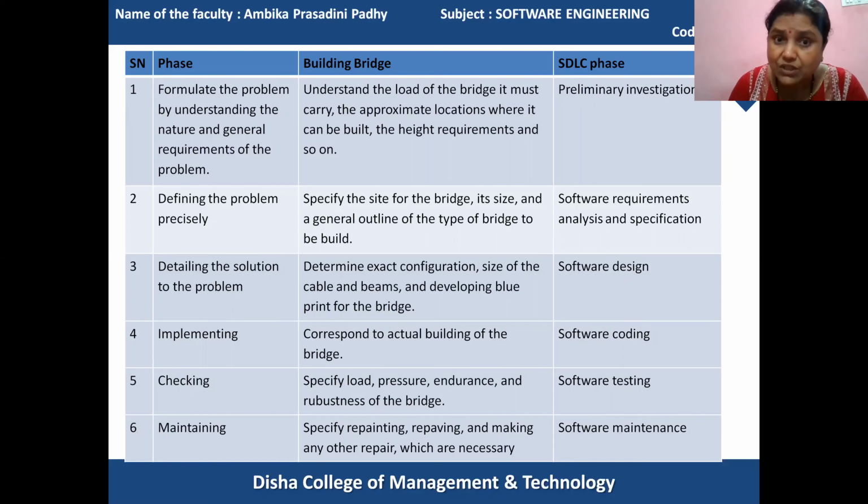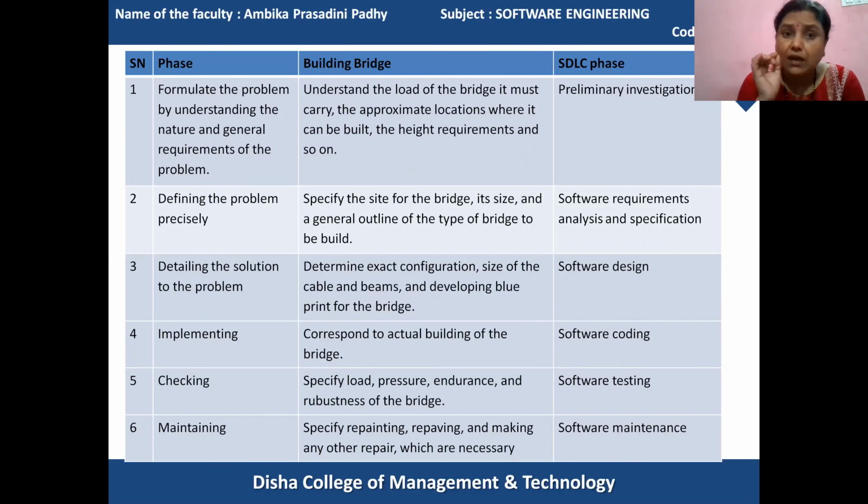That is the preliminary investigation. Then we are deciding whether the bridge can be developed by the developer. If it is going to satisfy the needs and can be properly implemented, then the bridge development process will be started by the builder. Correct? It is similar in the case of your software development life cycle for developing a software product.